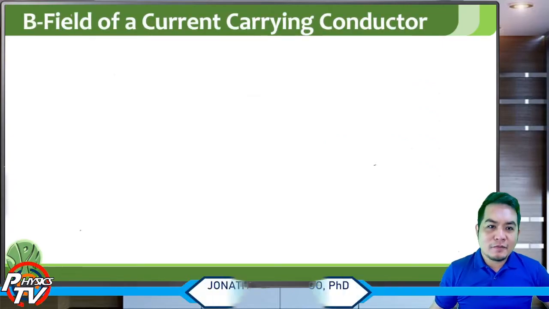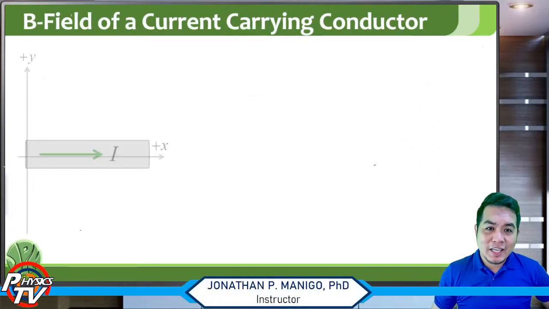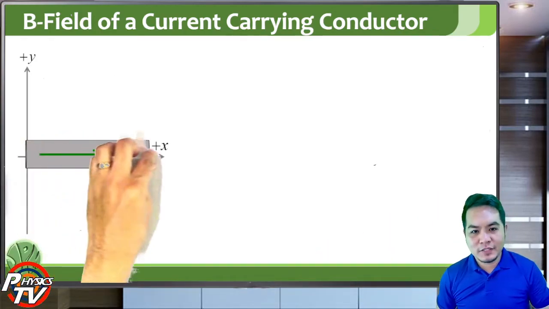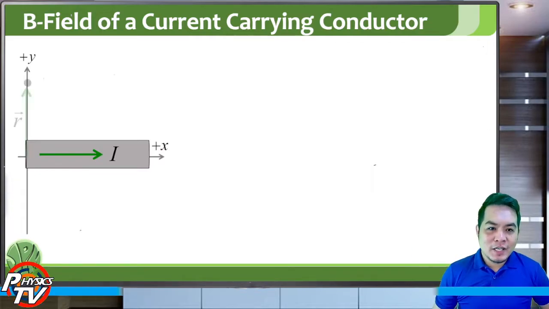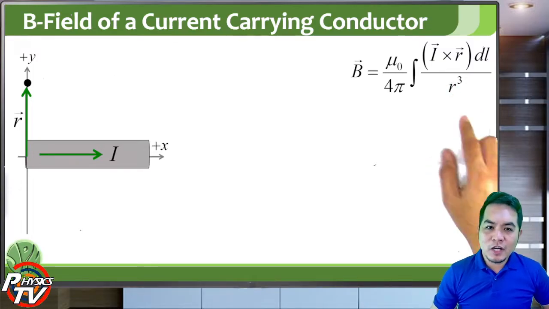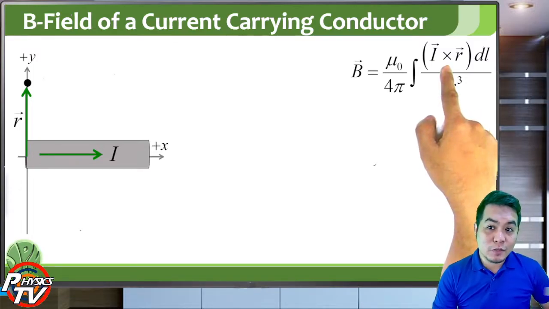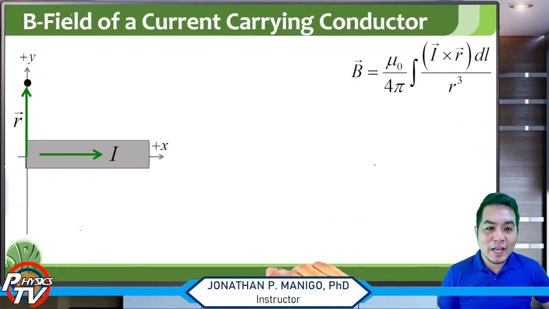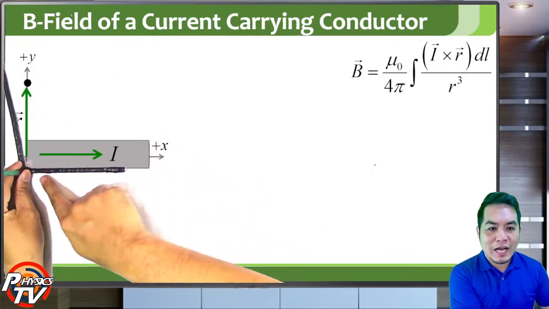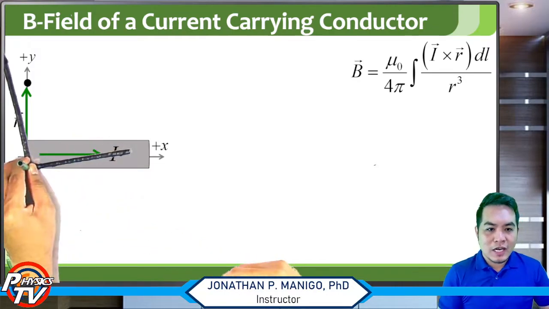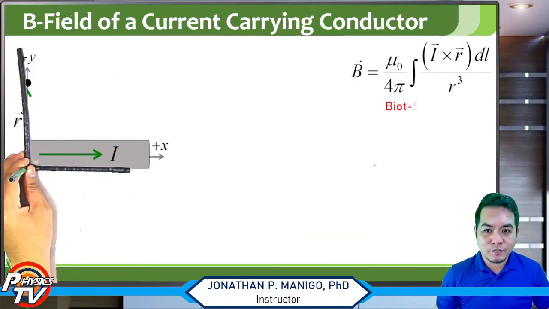So let's now look at the magnetic field of a current carrying conductor. Suppose you now have a wire carrying a current I. In the same manner, the magnetic field at a certain point is given by this equation. You just need to take the cross product between the current and R, the position vector. So I cross R. If this is I and this is R, then I cross R is this one, out of the page.